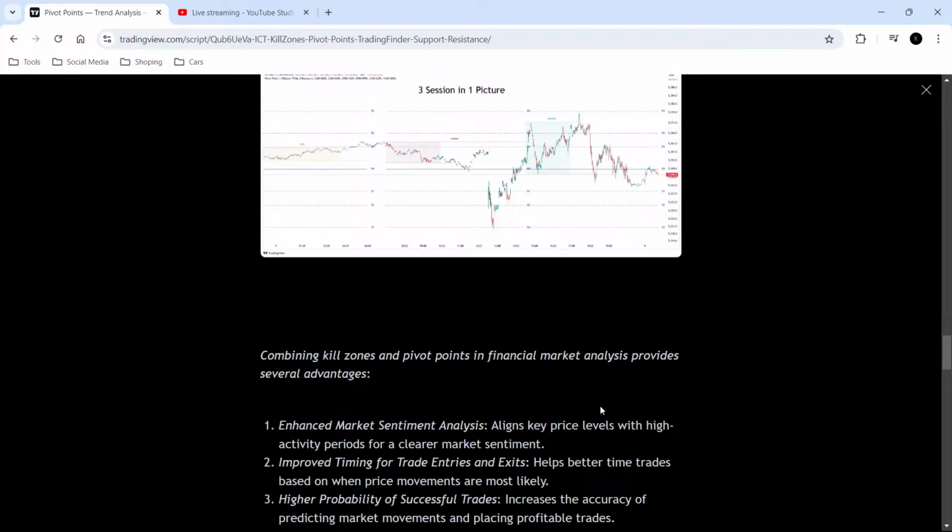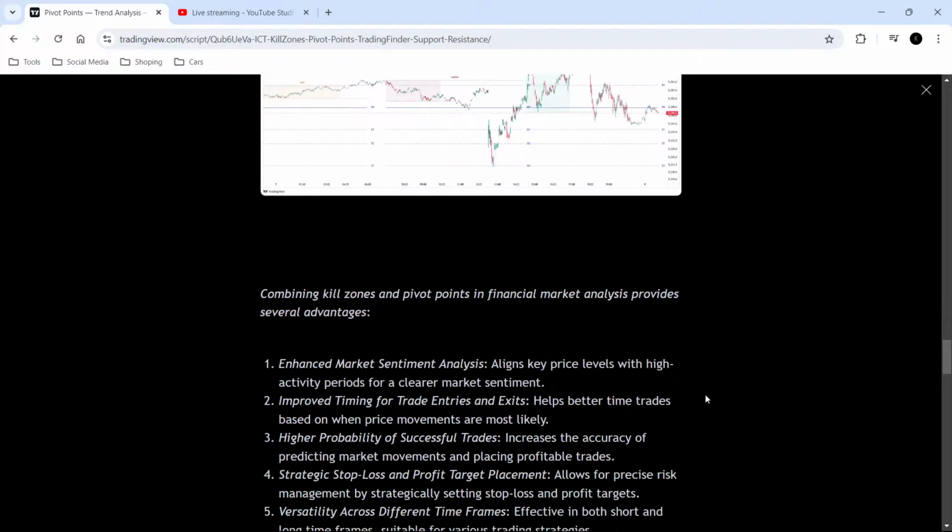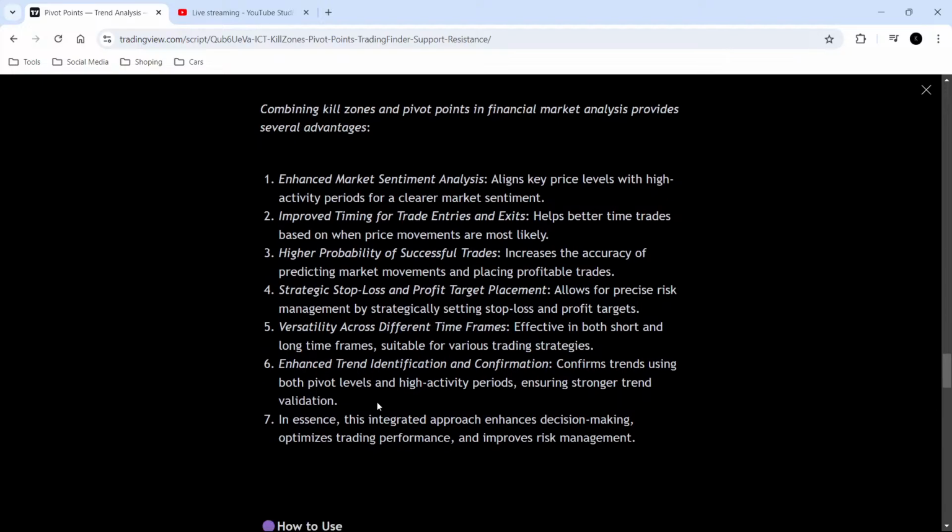Improved timing for trade entries and exits helps better time trades based on when price movements are most likely. Three, higher probability of successful trades increases the accuracy of predicting the market movements and placing profitable trades.